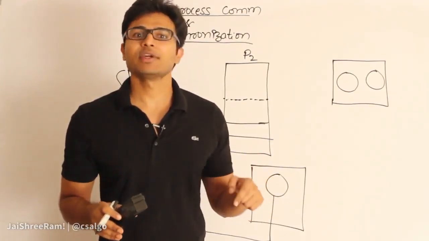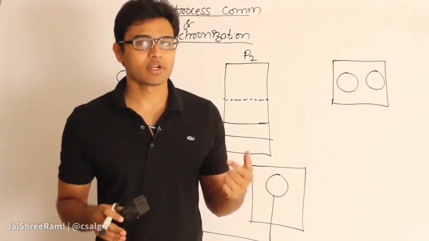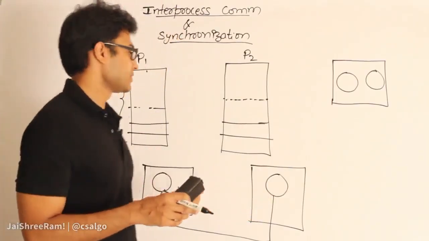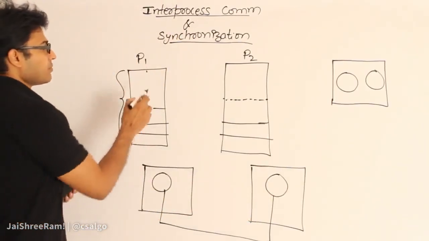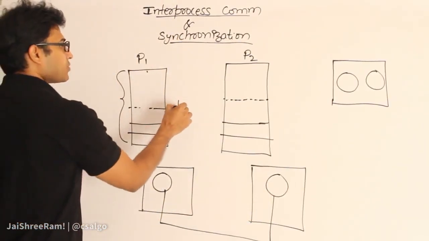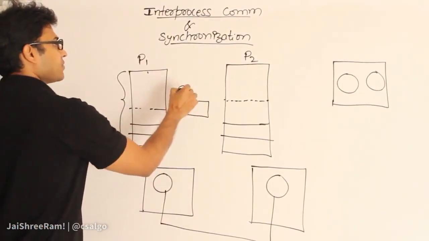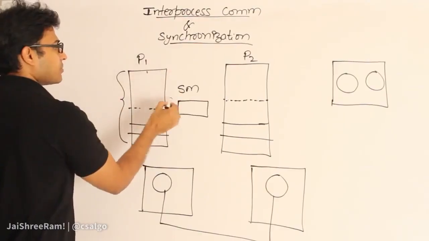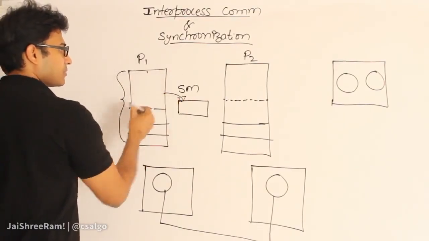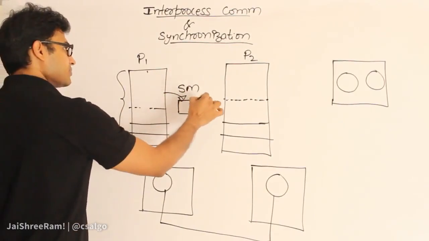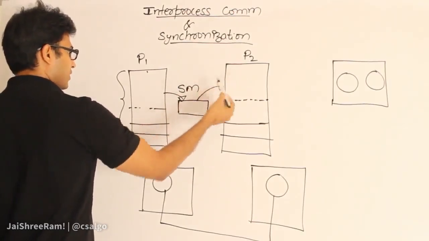And whenever they communicate, they are going to do it with shared memory. Shared memory means we can say that P1, you please write the output here in some common space. Let us say this is shared memory. In the shared memory, P1 is going to write something, and from that space P2 is going to read it and then run it.